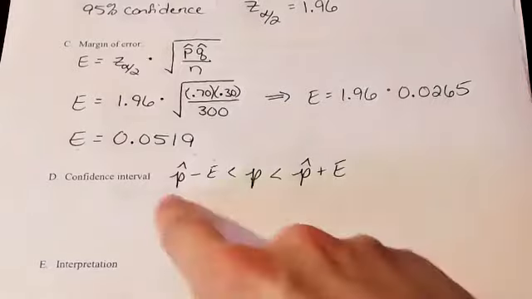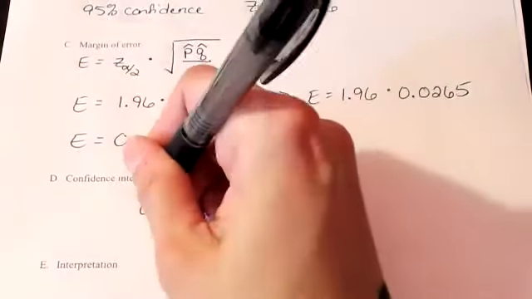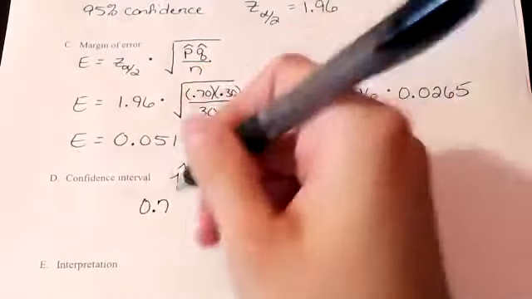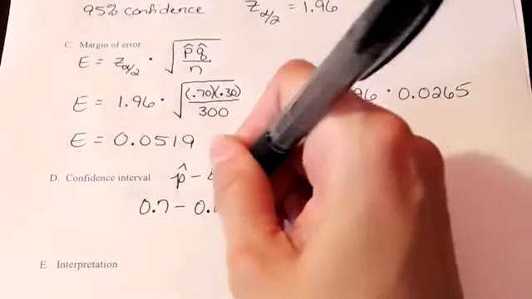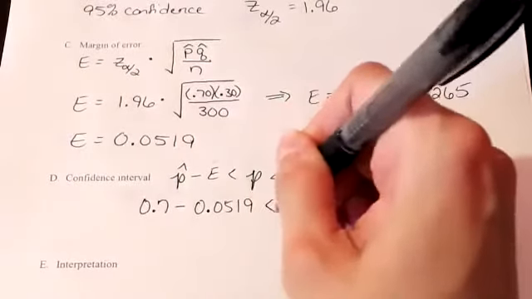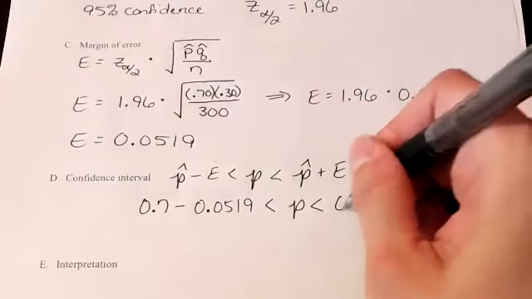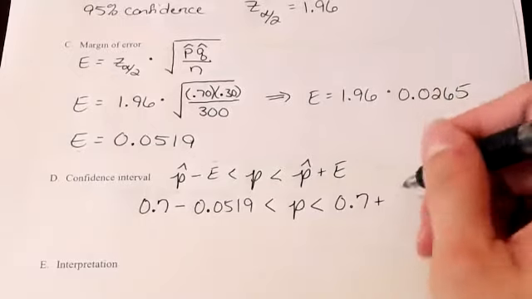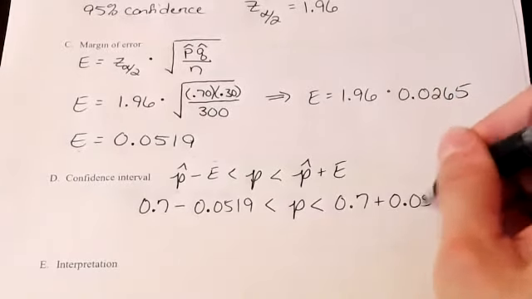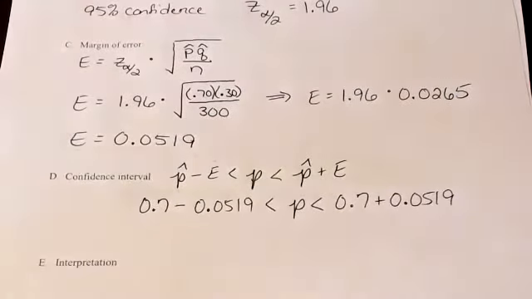We know that p hat is 0.7. We know that our margin of error is 0.0519. So all we're doing is plugging these values into our formula. It's nice because it takes away a lot of the guesswork. We're just simply plugging into our formula.